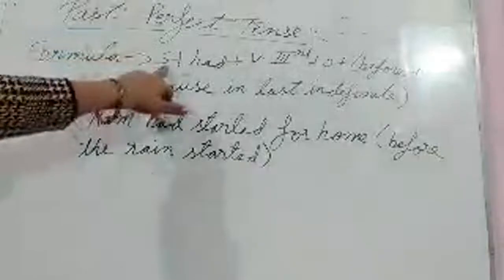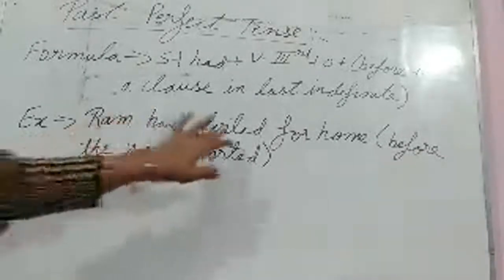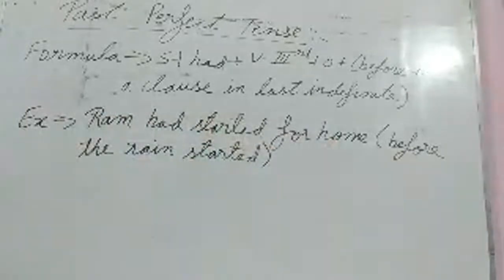According to the formula, subject plus had plus verb of third form plus object plus before plus a clause in the past indefinite. The example is: Ram had started for home before the rain started.